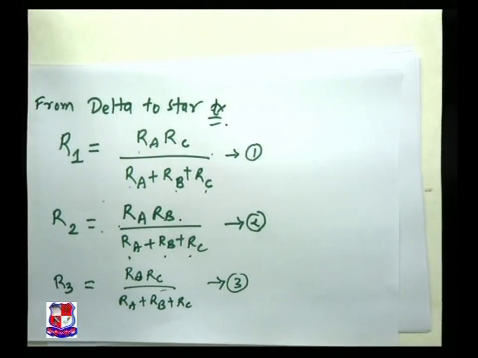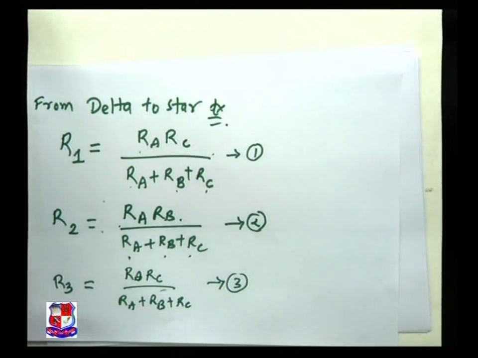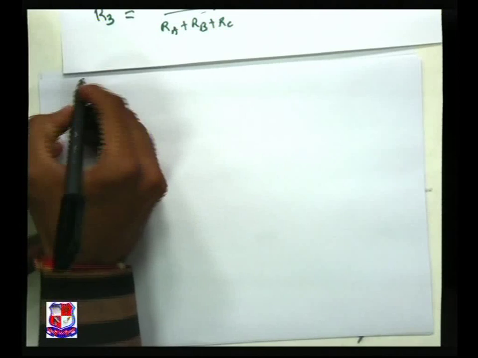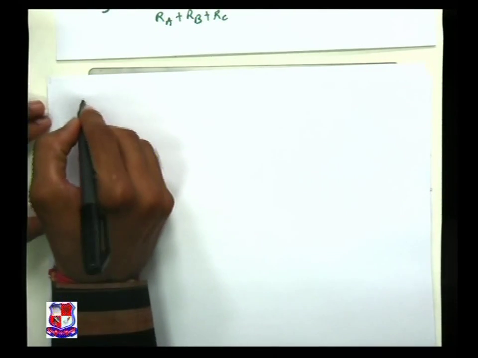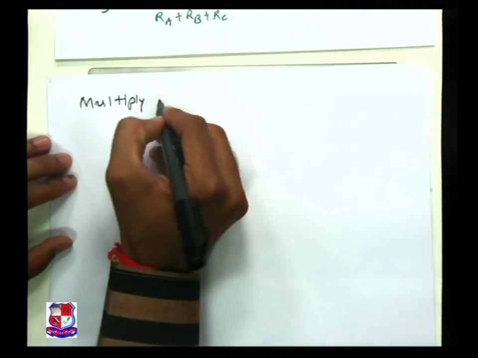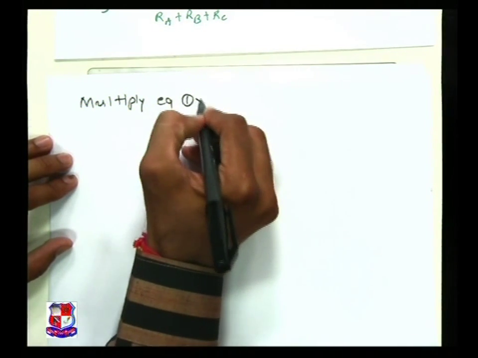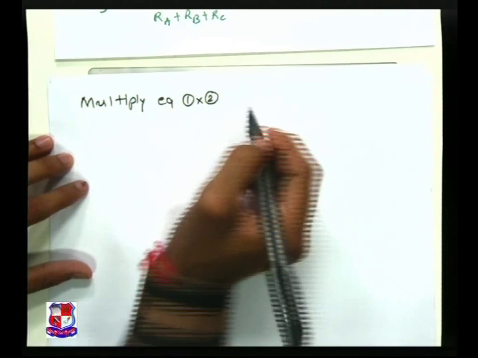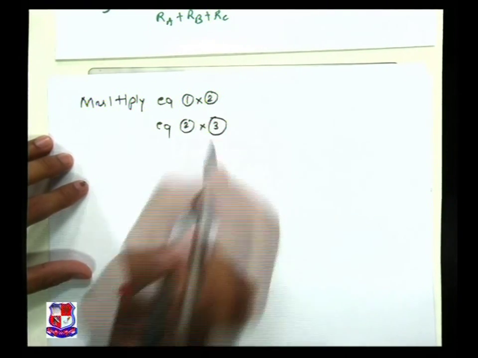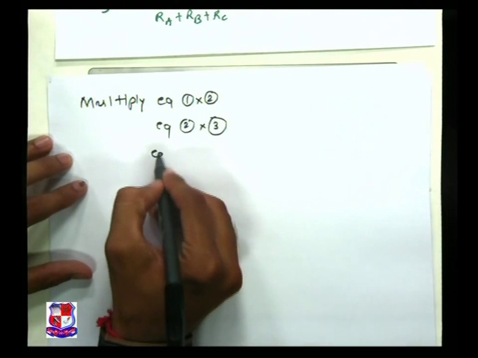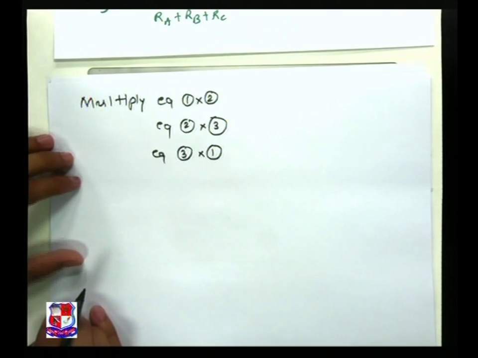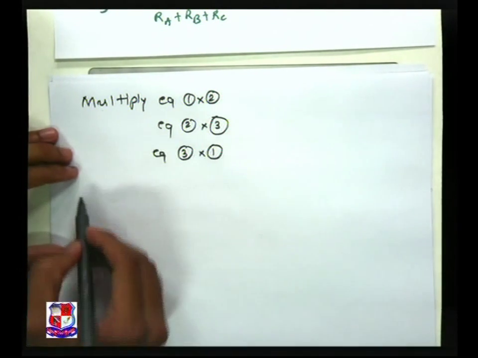Now go for the multiplication. So we write down: multiply equation 1 into 2, equation 2 into 3 and equation 3 into 1. So first we multiply 1 into 2.